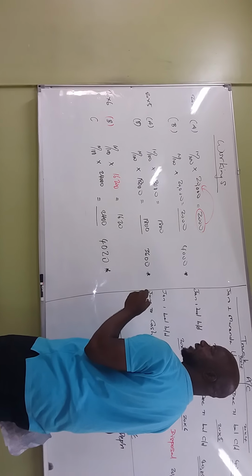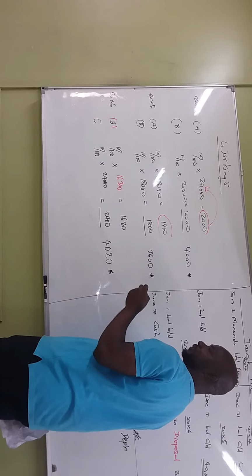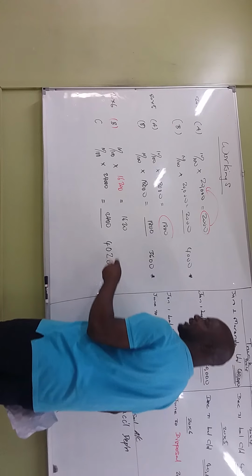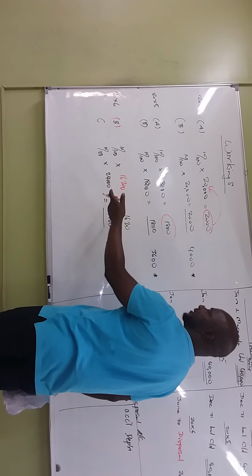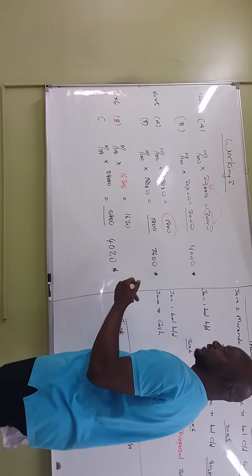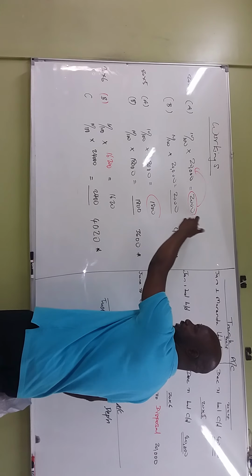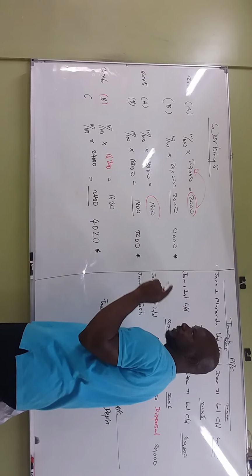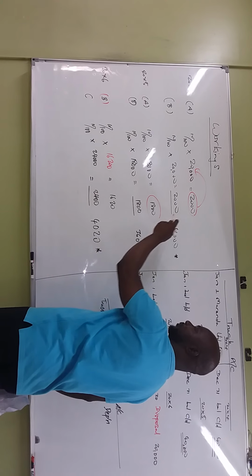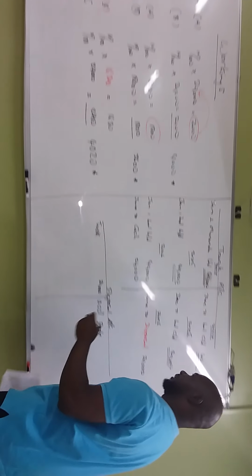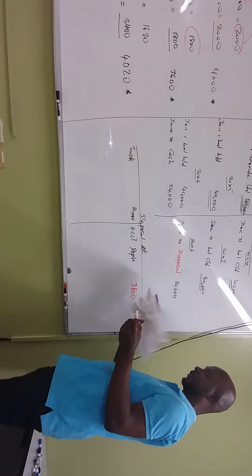In 2005, asset A had depreciated by $1,800. There was no depreciation calculated for asset A in 2006, because the question specifically states that no depreciation is to be charged in the year of sale. So the accumulated depreciation, the total depreciation on asset A prior to it being sold, was 2,000 plus 1,800, which gives us $3,800.